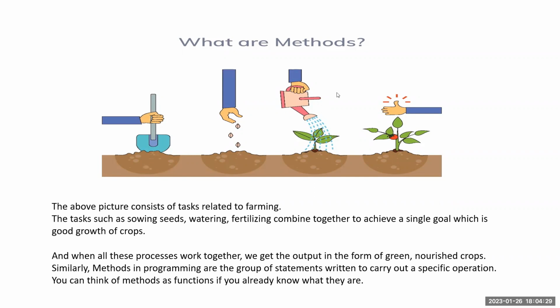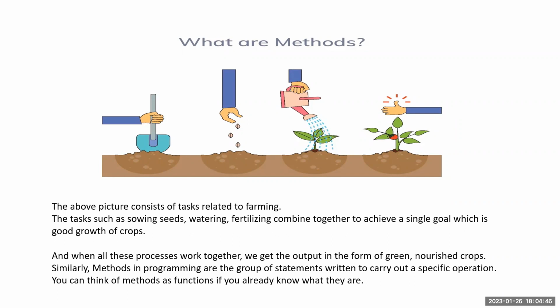But finally, when we combine all these methods, you are going to get a good plant, that means a good output. So when you take them individually, all these things are called methods. Let me go to the next step.